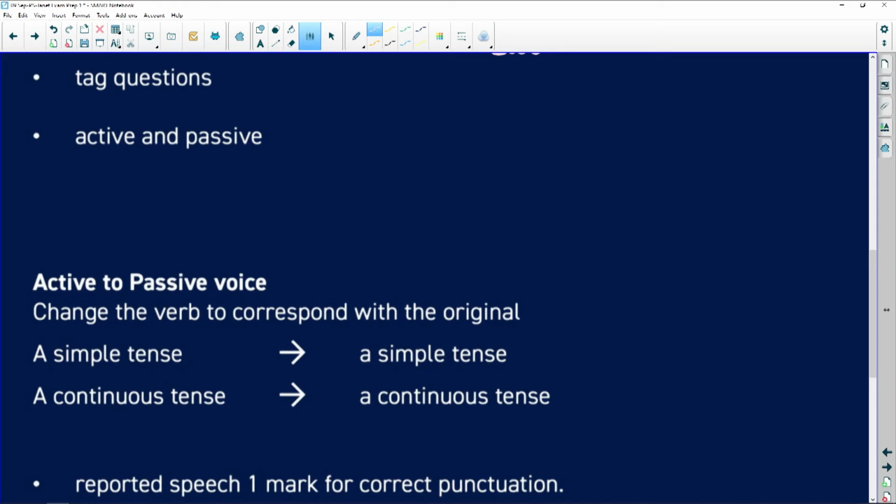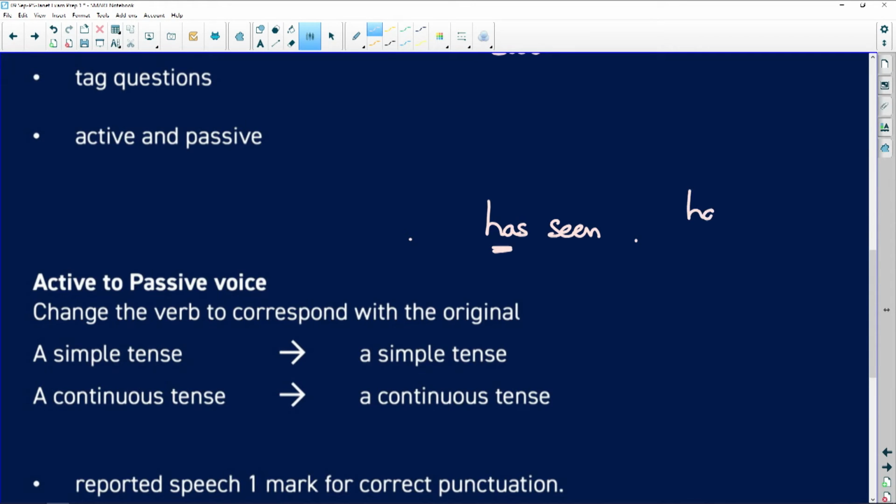If I give you a simple tense, you give me back a simple tense. If I give you a continuous tense, you give me back a continuous tense. Don't change the tense. If I give you something like has seen, the boy has seen the bird, you keep the has.